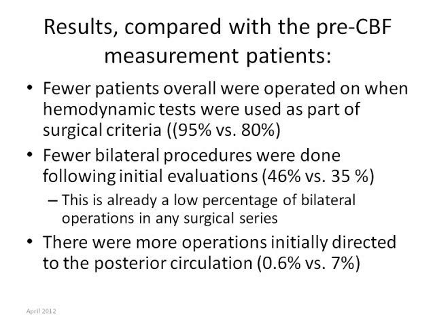And this is already, interestingly, a very low percentage of bilateral operations in any of the surgical series. Certainly in Boston, if we have bilateral disease, we tend to operate on both sides and get them done at the same time regardless. There were more operations initially directed to the posterior circulation, 6% in their prior group of patients, and now 7% getting directed operations to the posterior circulation.